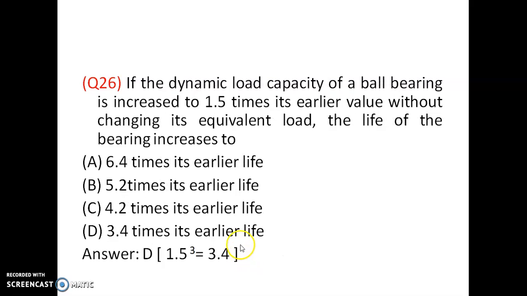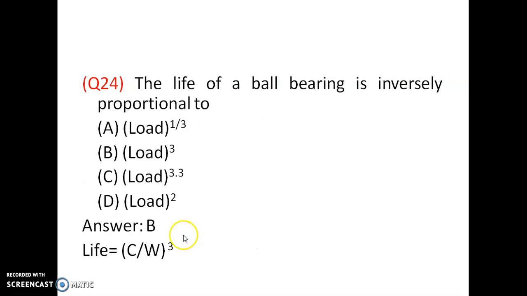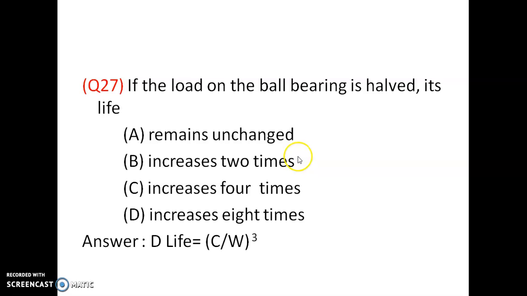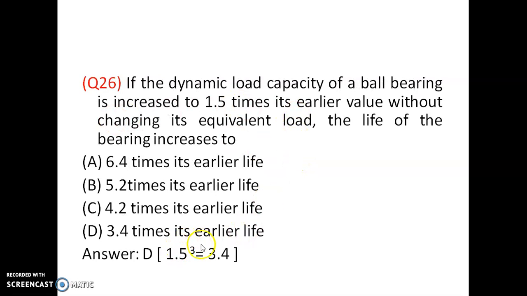Next question, the dynamic load capacity of a ball bearing is increased to 1.5 times its earlier value without changing its equivalent load. The life of the bearing increases to 1.5 power cube, which equals 3.4 times its earlier life.